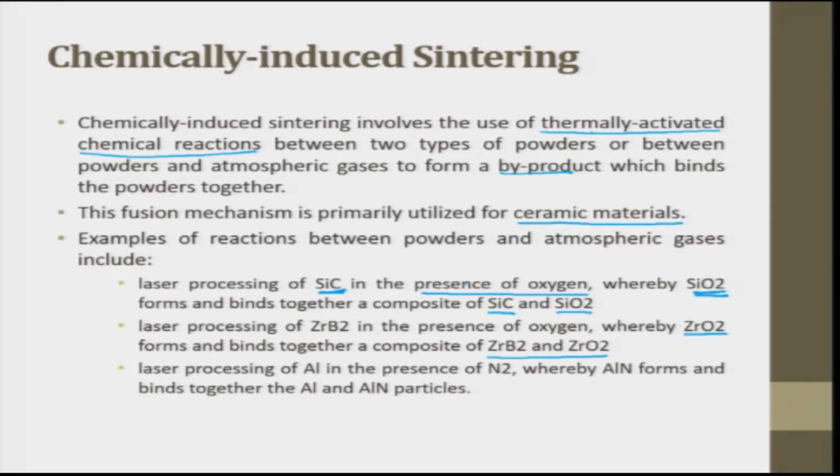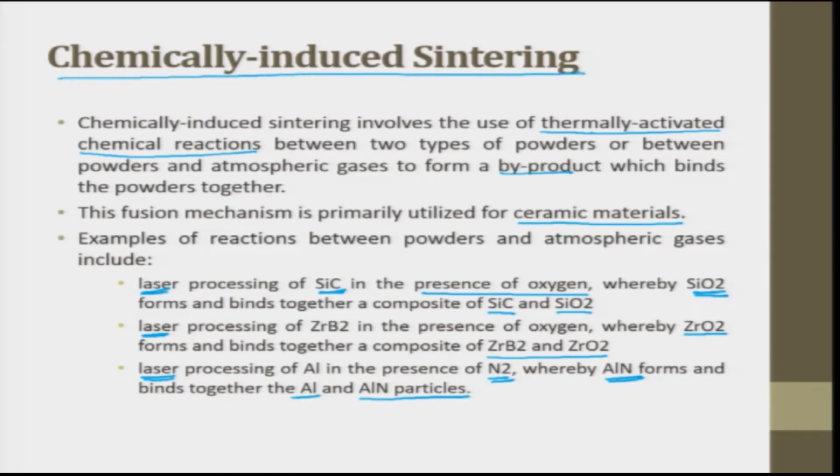This oxide reacts and it tries to split, and this ZrO2 acts as a binder. Why do you see laser everywhere? Because laser gives you high power density, and laser gives you selectivity. That is why we use laser. Laser processing of aluminium in the presence of nitrogen forms AlN and binds together the Al and AlN particles. Okay, so this is chemically induced sintering.